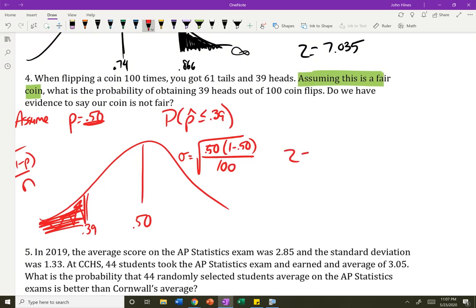So now I can find a z-score. Z equals value minus mean divided by the standard deviation, which is this crazy number here.